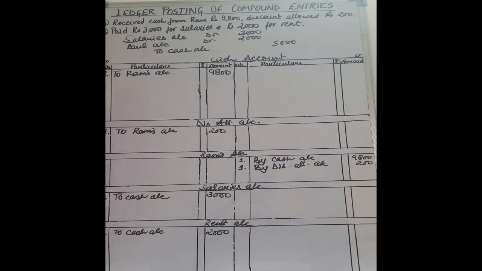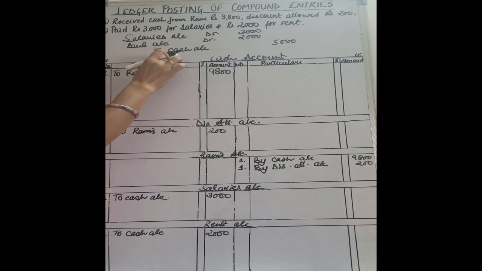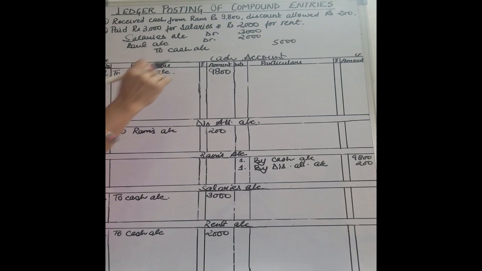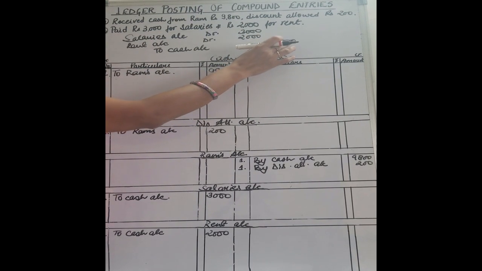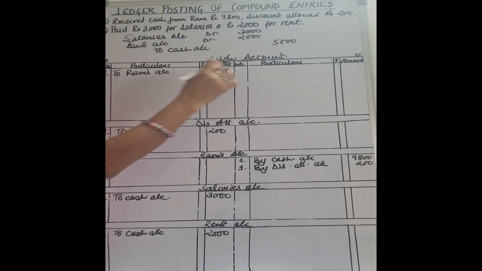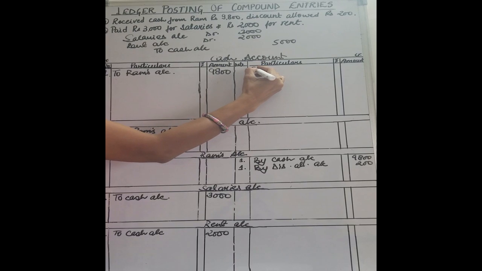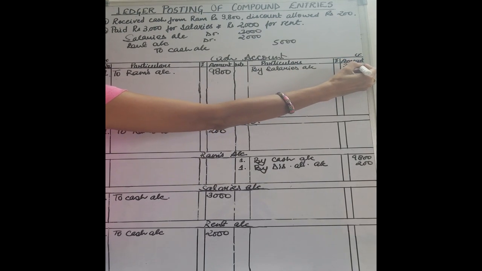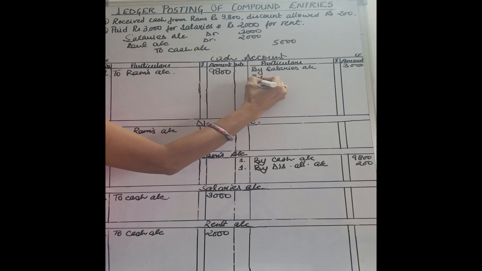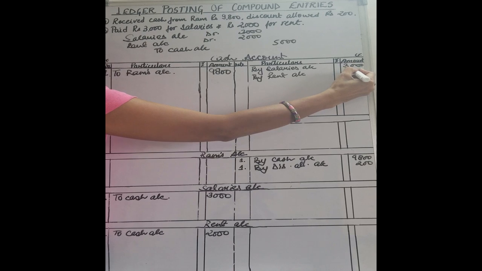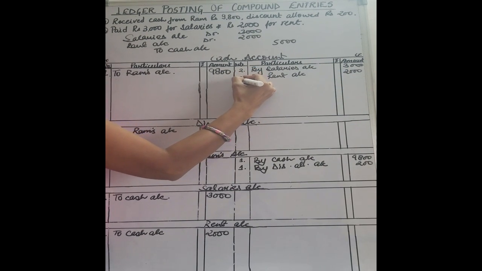Okay. Now again pay attention. Cash account is credited with rupees 5000. And the reason behind crediting the cash account with rupees 5000 is both salaries account and rent account. So we will credit the cash account like 'By salaries account' with rupees 3000 and 'By rent account' with rupees 2000, and the date is 2.